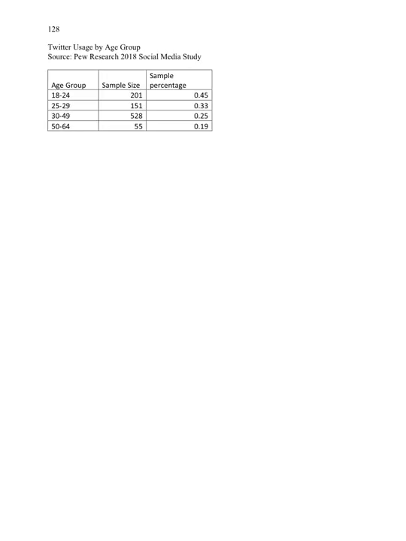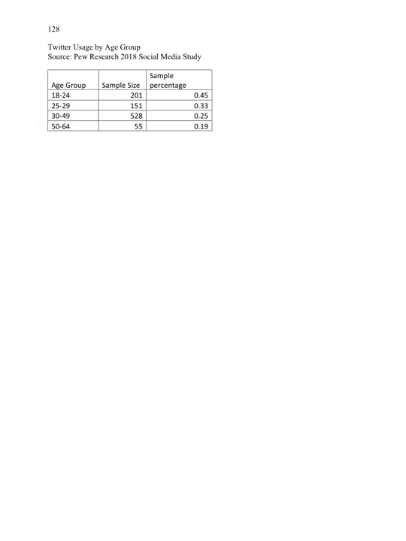So next I'd like to do this example on page 128. This data comes from the Pew Research 2018 social media study. And the data right down here is the data they collected on Twitter usage by age group.